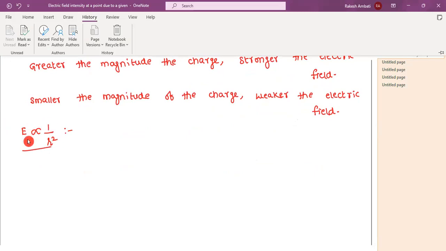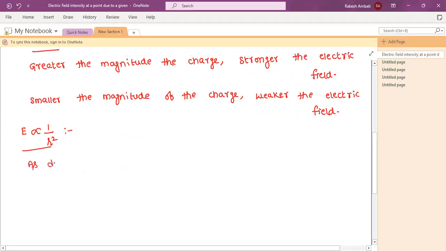As the distance R increases, the electric field intensity gradually decreases. So that is the first point.